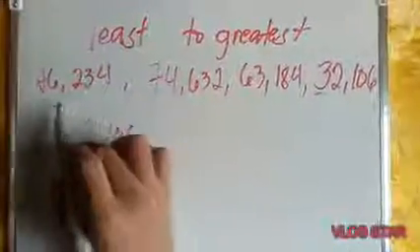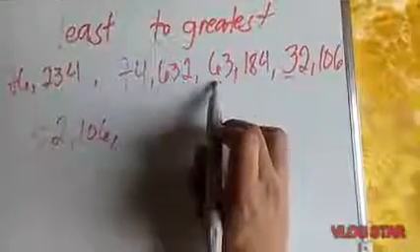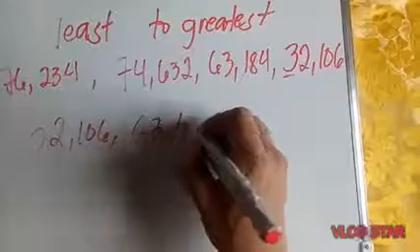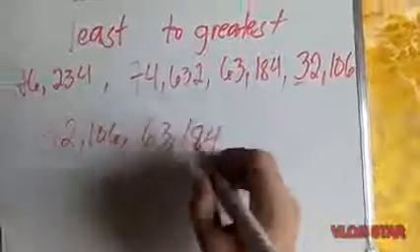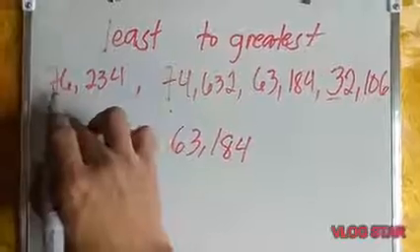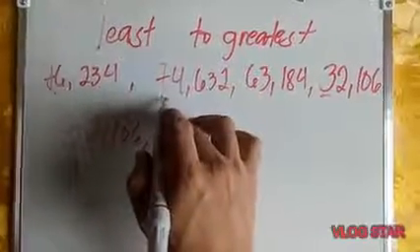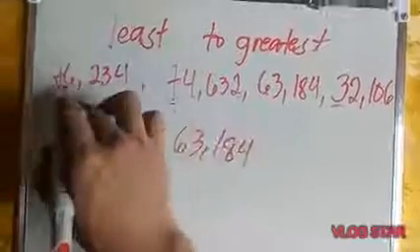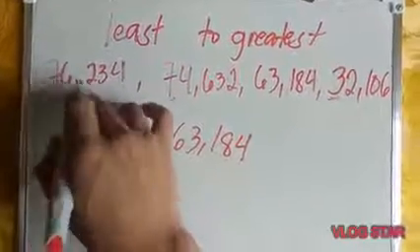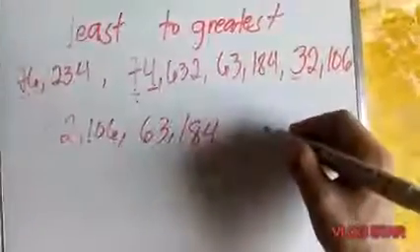Next, 7, 7, 6. So 6 is the smallest. So next one is 63,184. Next is 7 and 7. Since the 10,000 digit is the same, we will proceed to thousands digit. 6 and 4. 4 is the smallest.